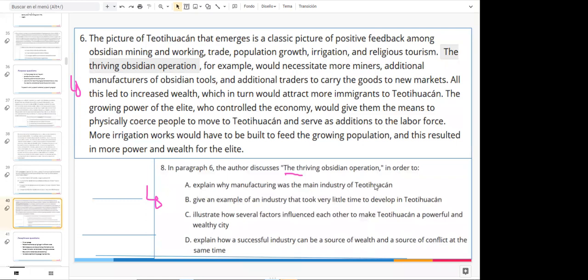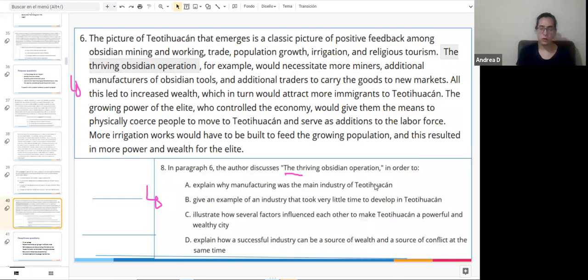Or do you all agree? Yeah, anybody has another one?